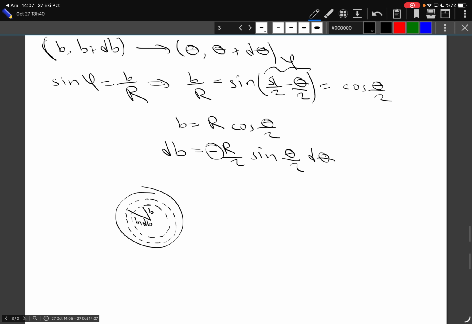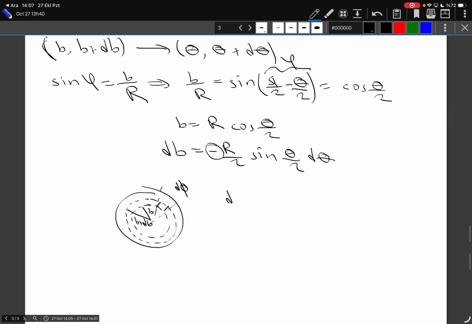If I target that ring, it will scatter within theta and theta plus d theta. The phi angle doesn't change. So if my detector has a given phi direction, I should also aim in the same phi direction. So this is, let's say, d phi.